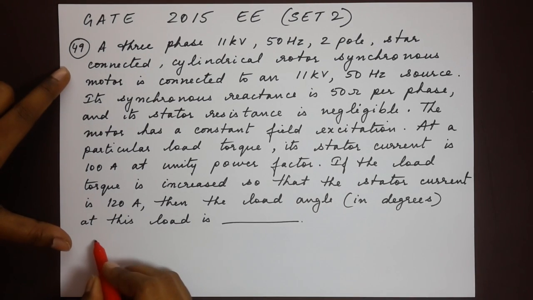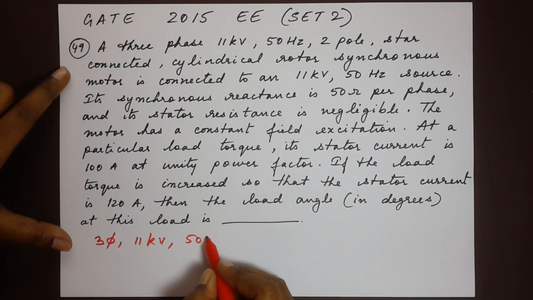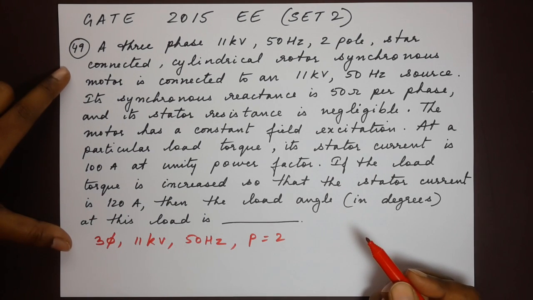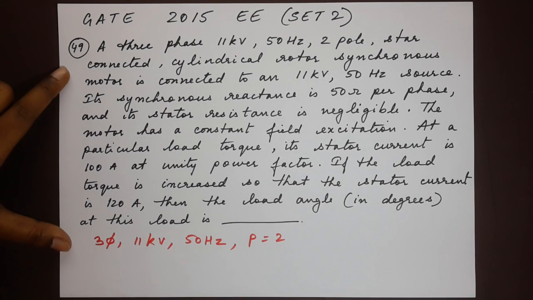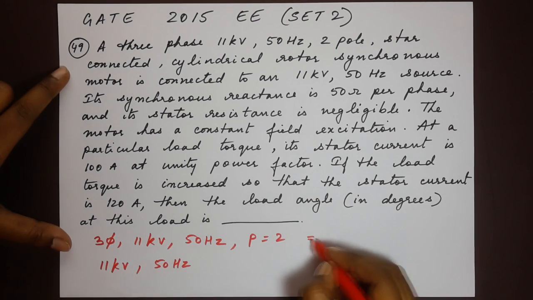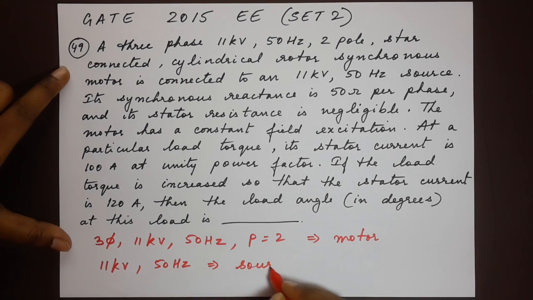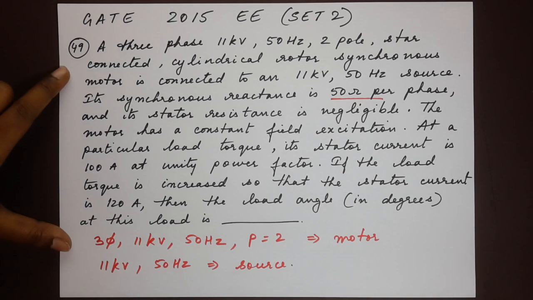We have been given that this is a three-phase 11 kV 50 Hz two-pole star-connected cylindrical rotor synchronous motor. So that is for the motor. Next we have our source. Our source is 11 kV 50 Hz. This is the motor, this is the source. Next we have synchronous reactance given to us as 50 ohm per phase.